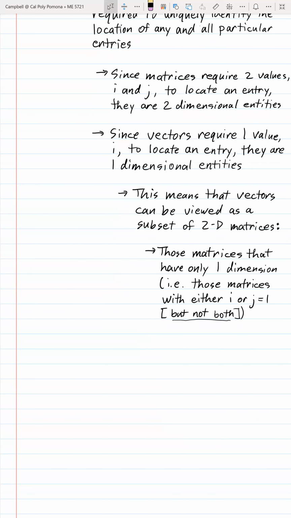So with that said, since we can see that vectors are nothing more than a specific class of matrices, and as we discussed before, the properties of matrices are dependent not only on the values of the quantities that make up that matrix, but also their position in that matrix, that also has to hold true for, of course, these vectors.